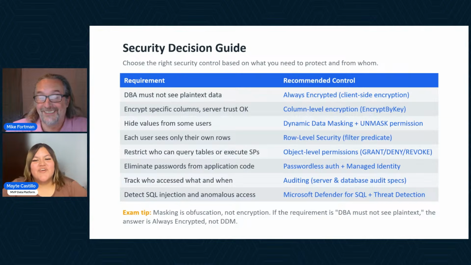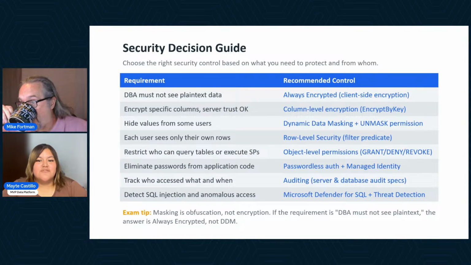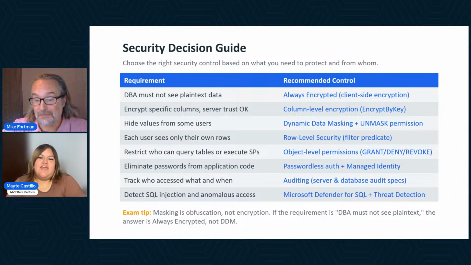Now, let's summarize how to choose the right security control based on each requirement from the DP-800 perspective. The key is to first identify what we need to protect, and from whom.